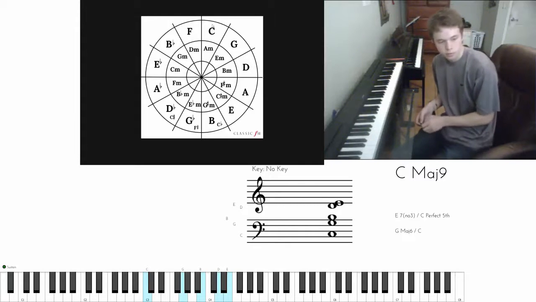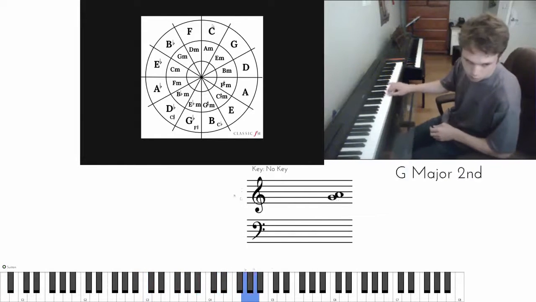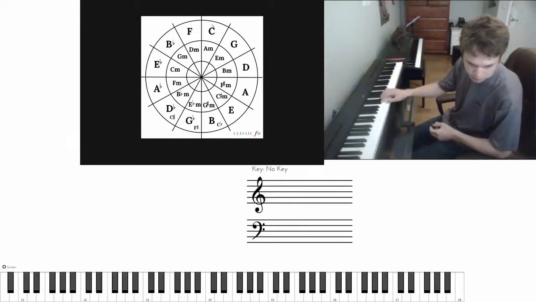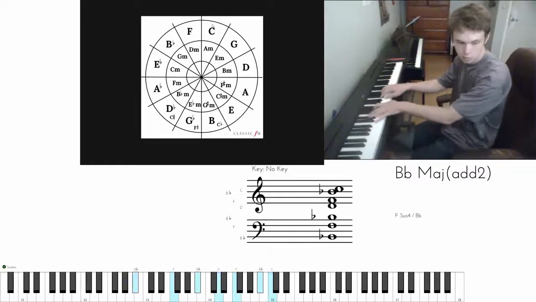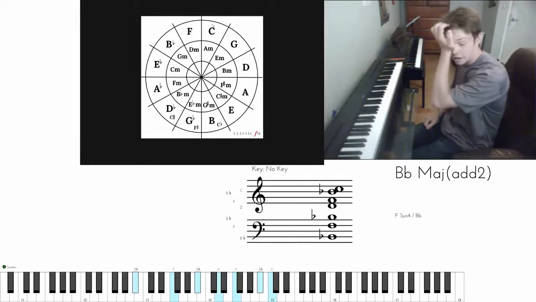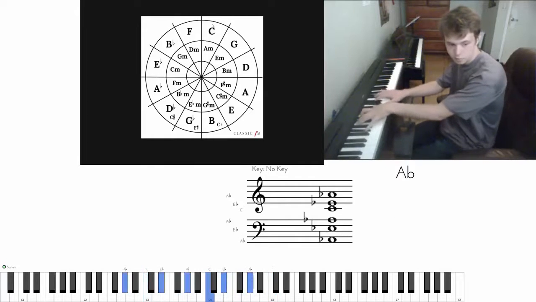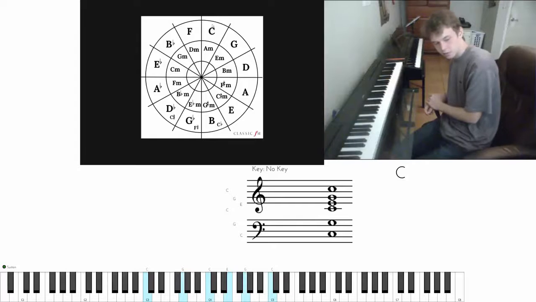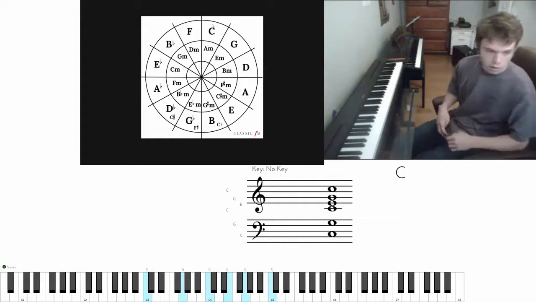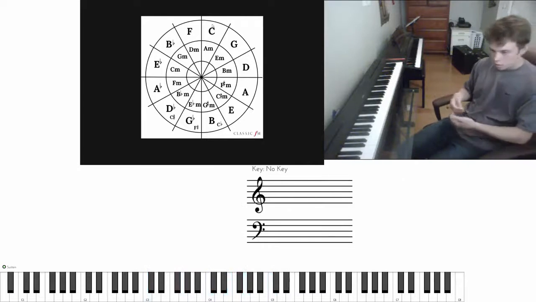I don't know if that's something a lot of people know about, but modal mixture is if you're in C major and you borrow a chord from C minor. You're borrowing A flat or B flat, or E flat, which is a chord that's in C minor but not in C major, and you're borrowing that chord from C minor.